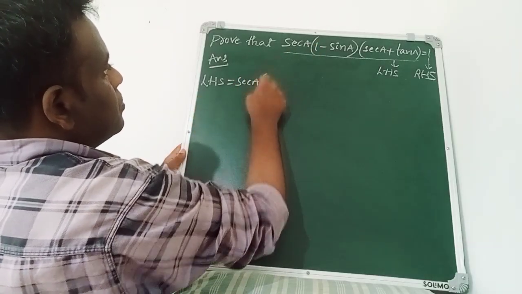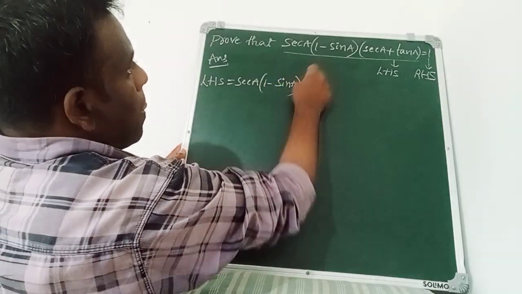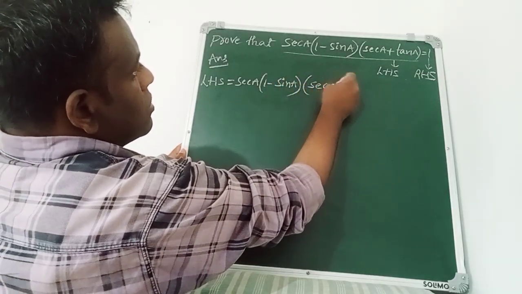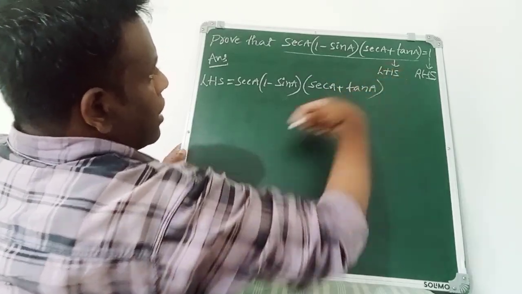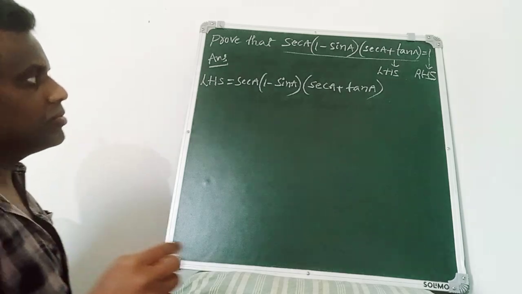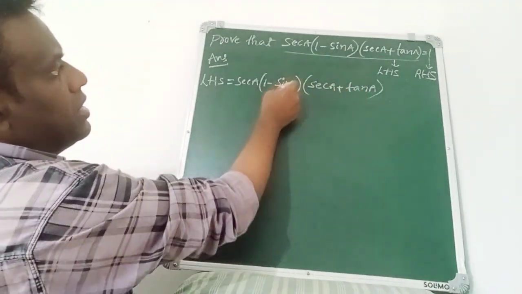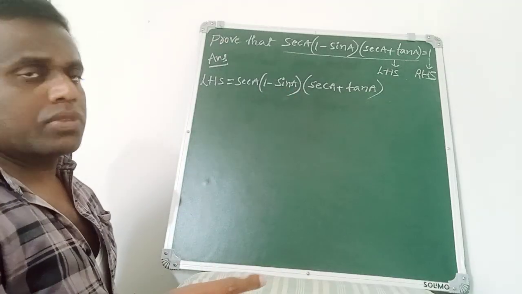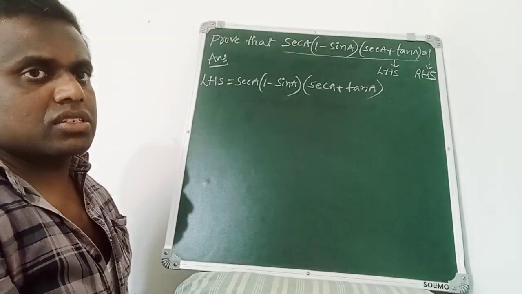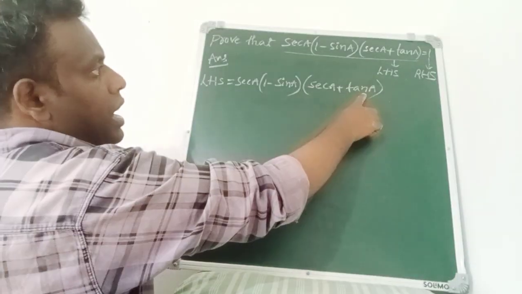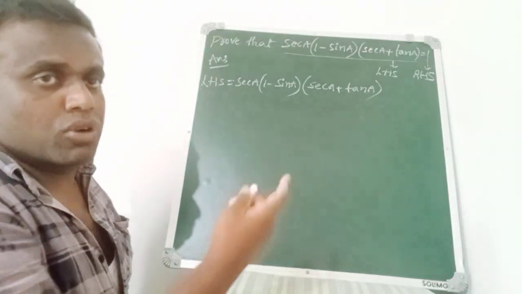Secant A into (1 minus sin A) into (secant A plus tan A). Okay. See, secant A, tan A, and sin A are there, no? You know that secant A can be written in terms of sin and cos, and tan A can be written in terms of sin and cos because we have formulas for them.